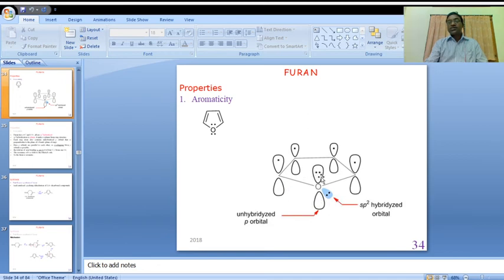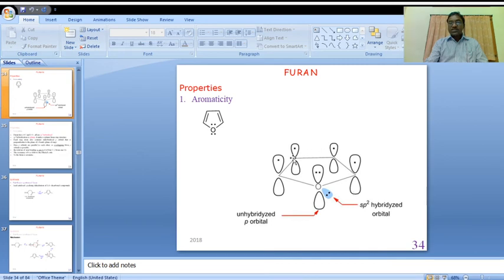These 2 electrons and 4 electrons participate in the partial overlapping of the unhybridized p orbitals.